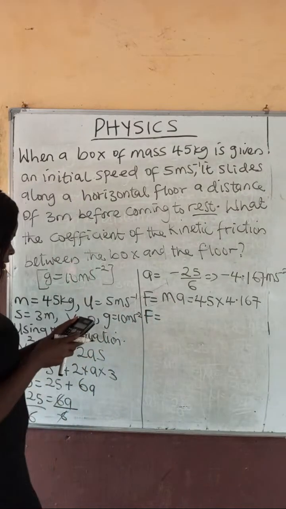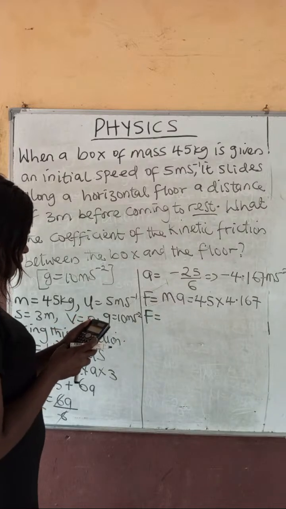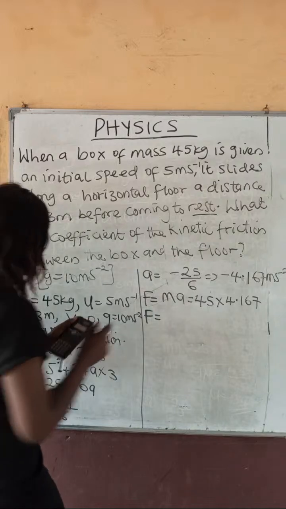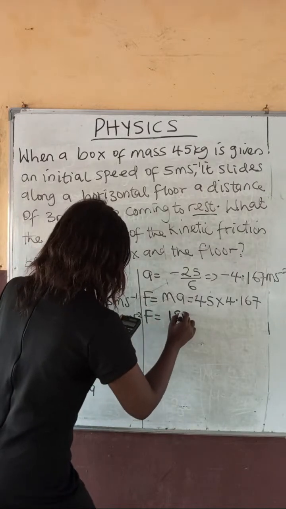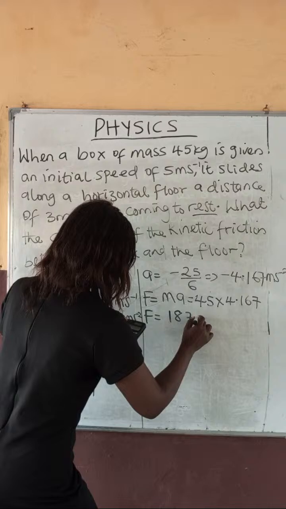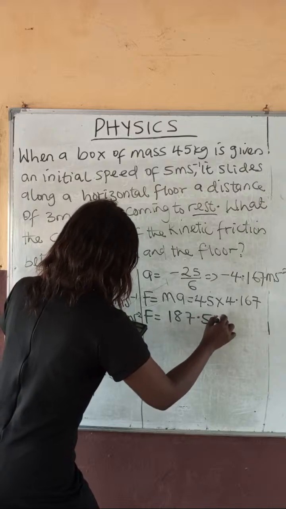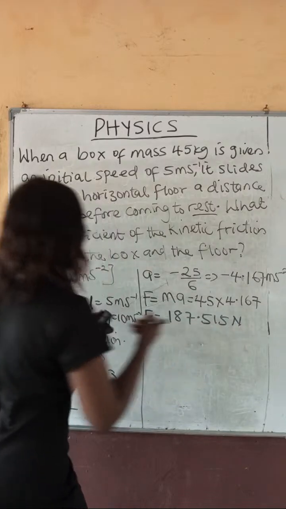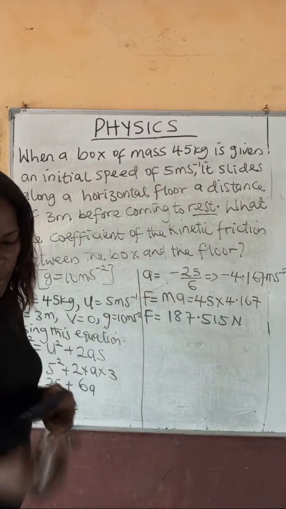Let's multiply. So I have 187.515 Newton, right?